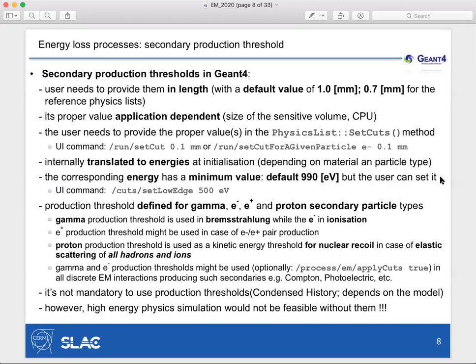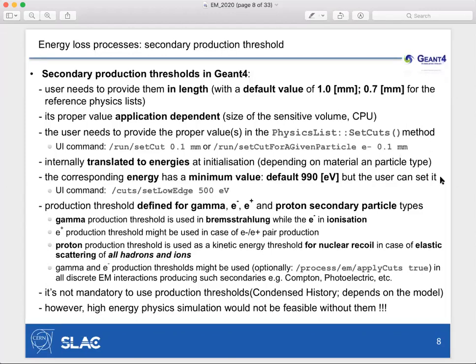Or you will see just soon that there are particles that have a production threshold, but we already mentioned electron and gamma, and you can set a given production threshold value, special for electron or gamma or a different particle.